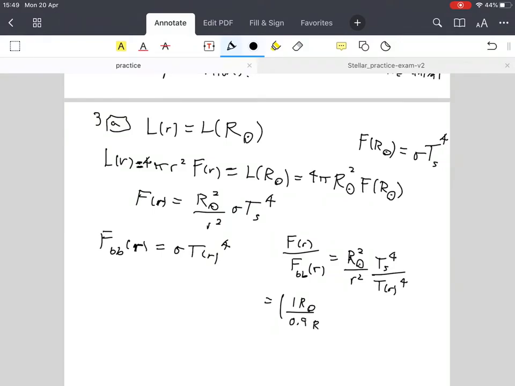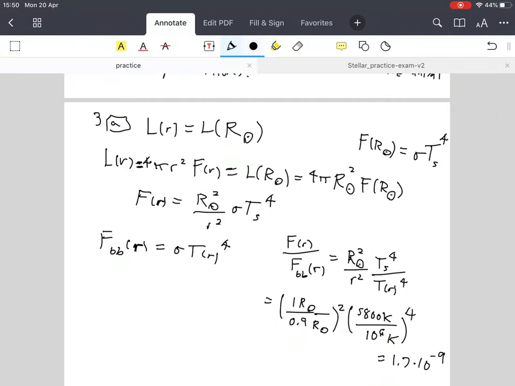So we have 1 solar radius over 0.9 solar radius squared times 5,800 Kelvin over a million Kelvin to the fourth power.